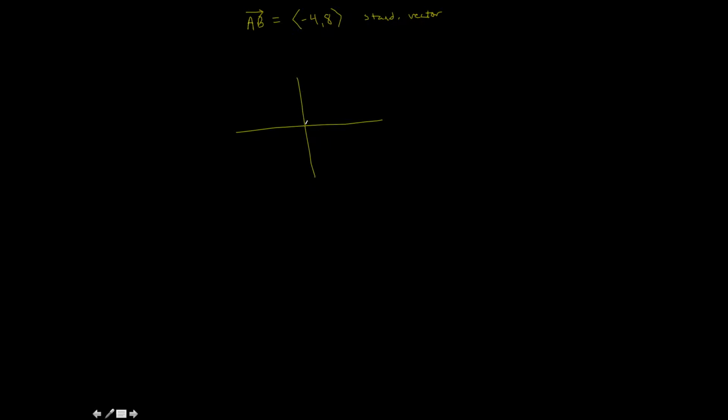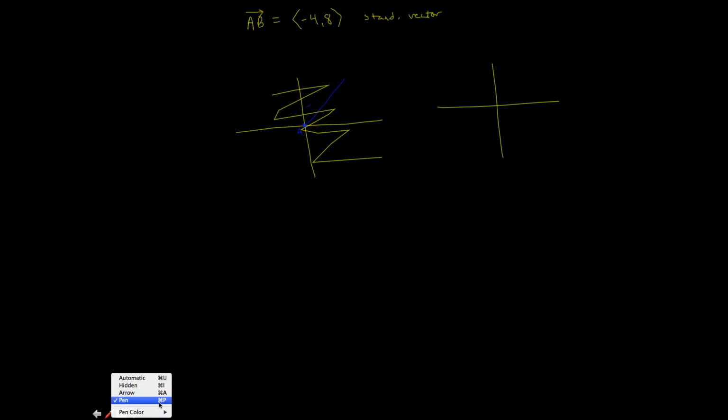We know that the initial point A is going to be at the origin, and excuse me, I drew that in the wrong direction. I am sorry. Let me redraw this. So don't pay any attention to that. Here's our standard vector. We know this point is 0, 0. The standard vector would go in that direction.